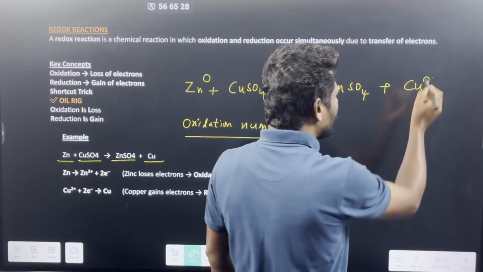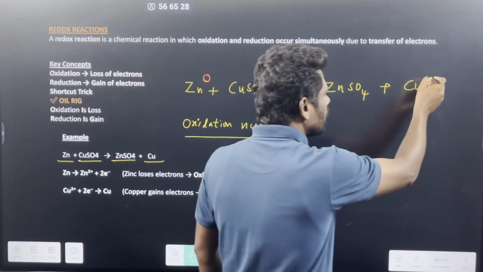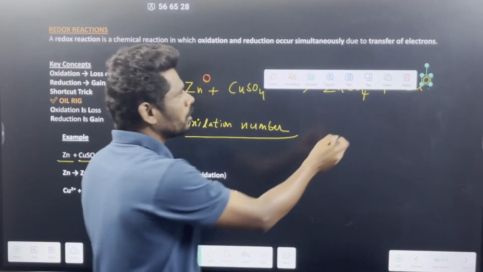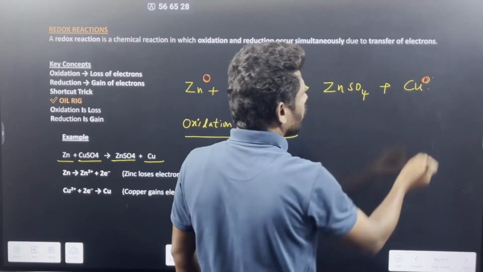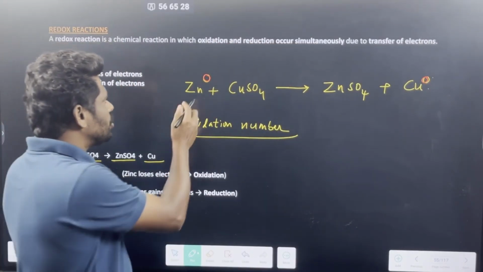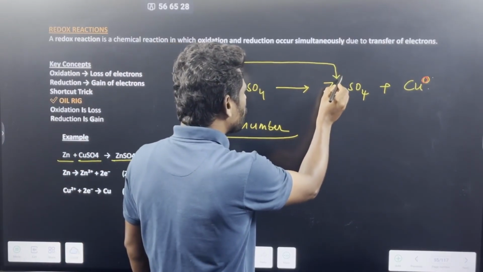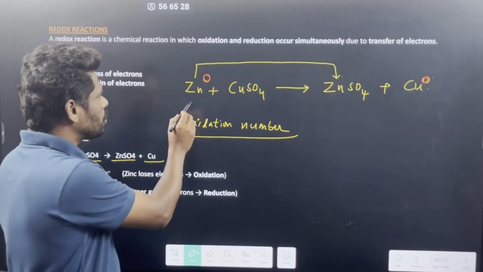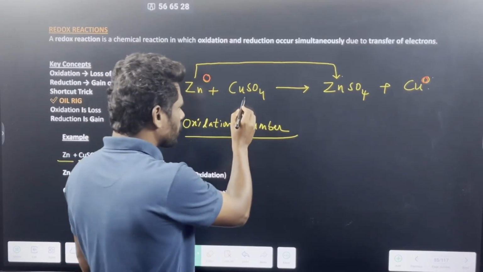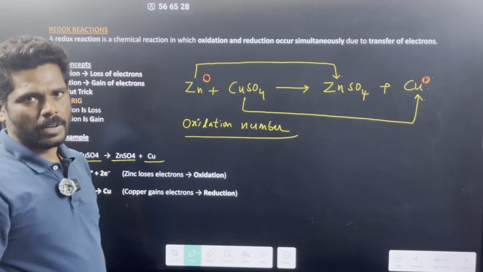Copper is also in the form of element. So that is why its oxidation number is also 0. Zinc from reactant side changed into product side like this. So zinc changed to zinc sulfate. Copper sulfate changed into copper, for example.